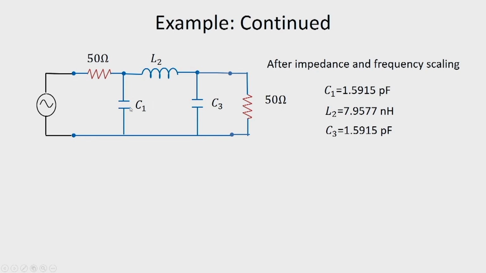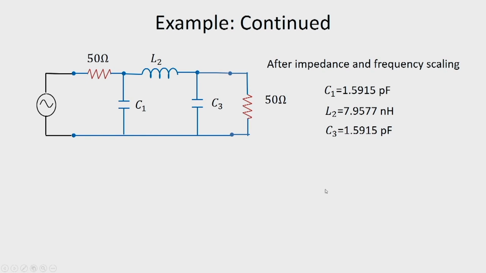So, the first shunt capacitor is 1.5915 pF, and L 2, the series inductance, is 7.9577 nanohenry, and since we have G 1 equal to 1 equal to G 3, C 3, the next shunt capacitor, is also 1.5915 pF.